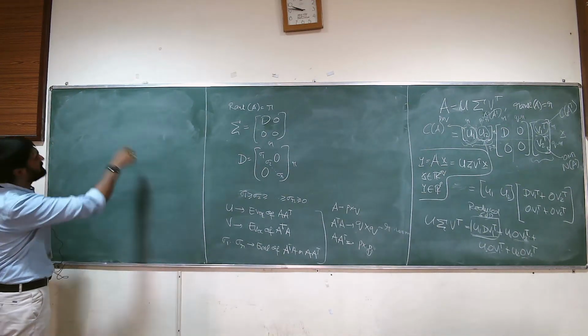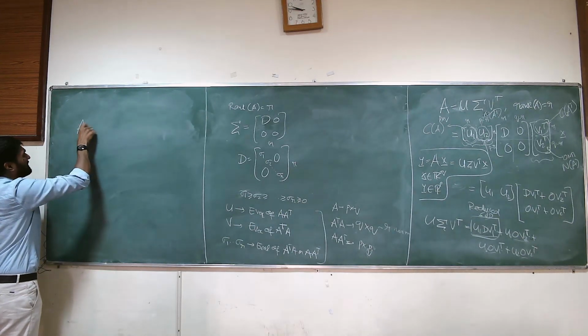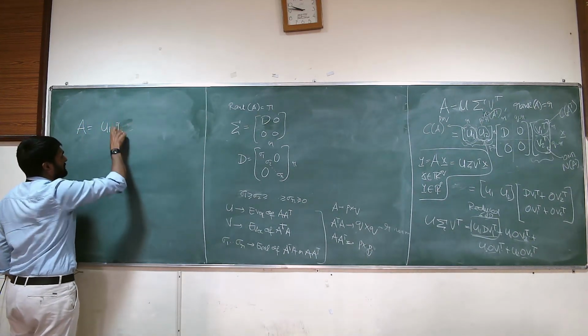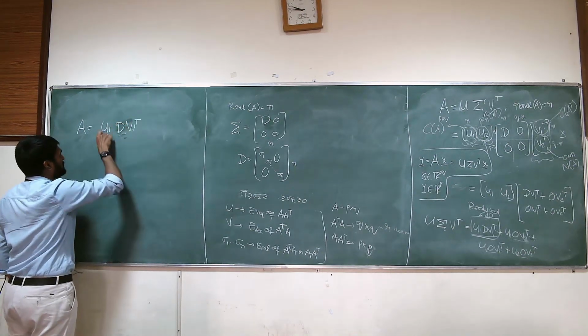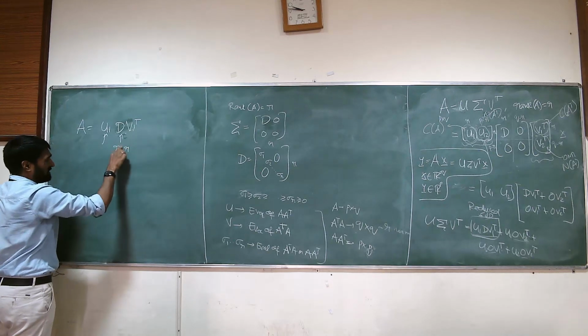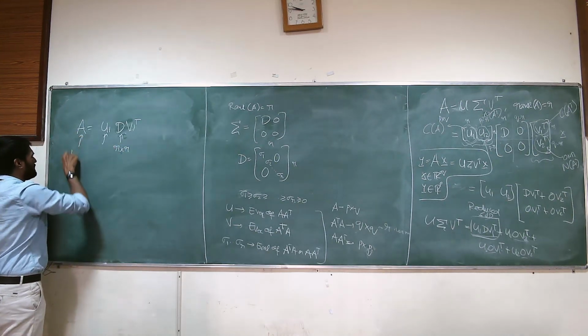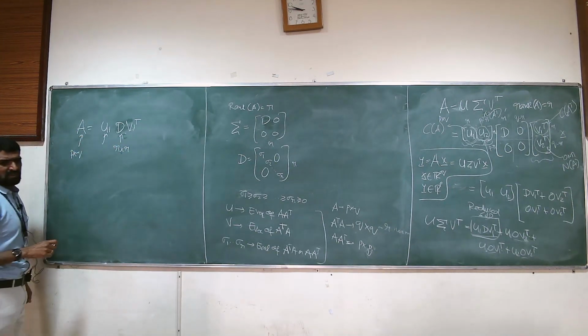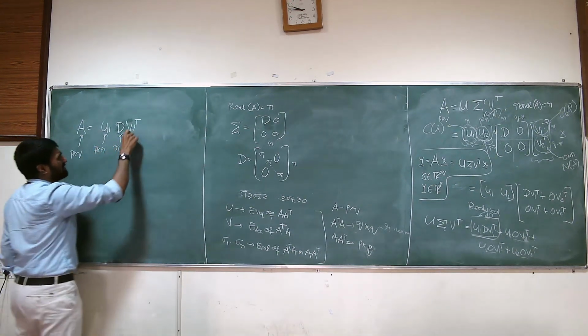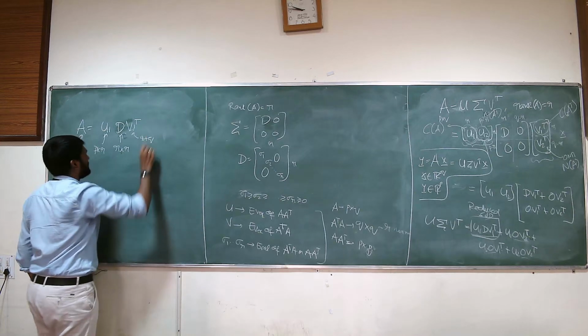If that is the reduced SVD of A, you have U1, D, V1 transpose. What is the size of this? D is R cross R now. A is P cross Q. U1 is P cross R. V1 transpose is R cross Q.